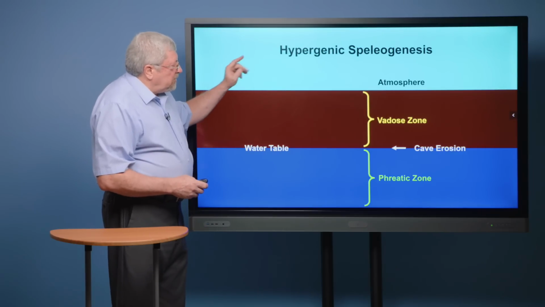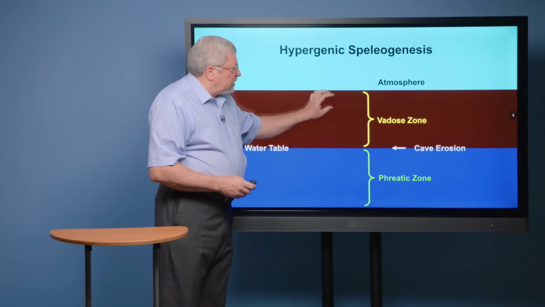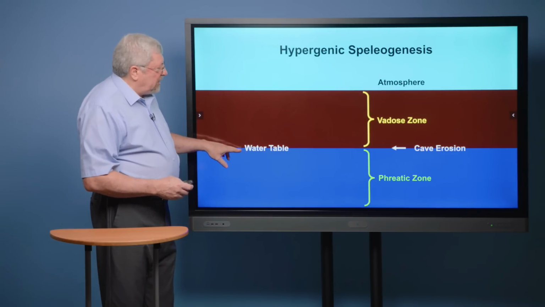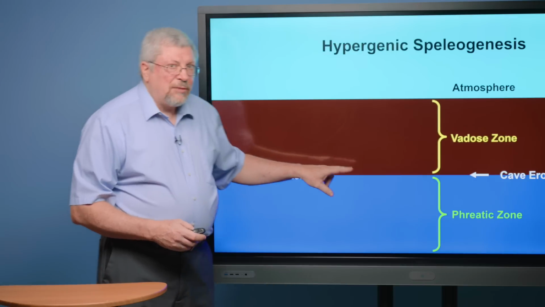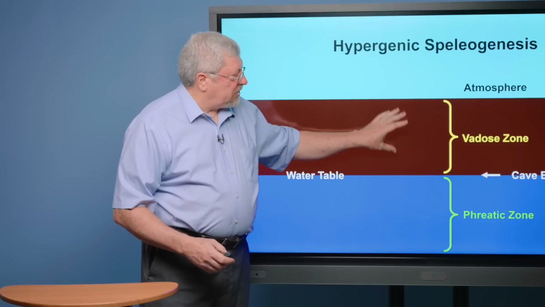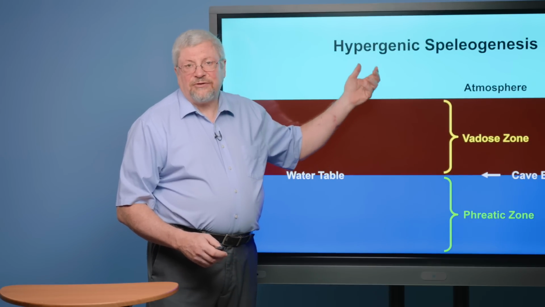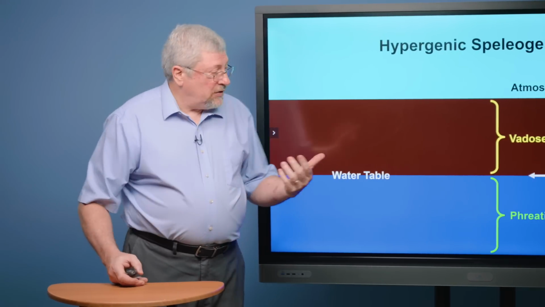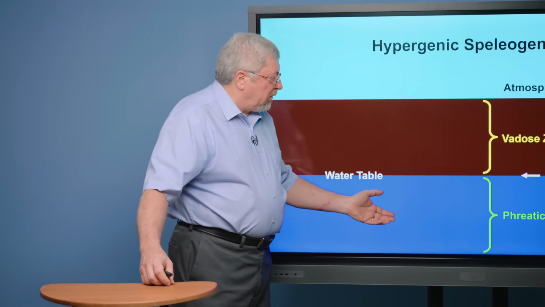In hypergenic speleogenesis, the idea is that as the water percolates down through the vadose zone to the water table, when it gets to the water table, there is a change in chemistry that occurs because the acidic waters from up above interact with a very different chemistry in the water table and below.